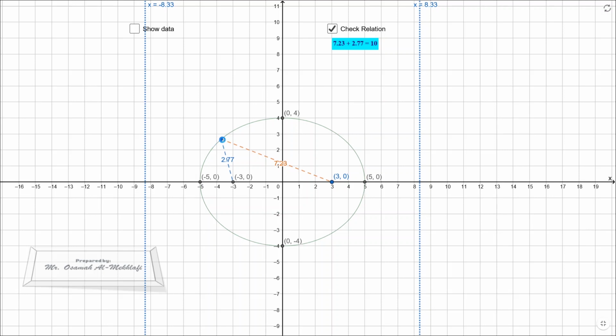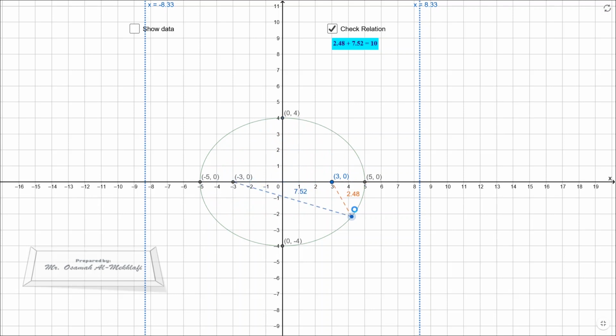Okay, if we move this point to another place, I will have different distances, 3.15 and 6.85. But if I add them, I will still get 10. And if I keep moving it anywhere else, I will always get 10. Look at the answer here of the sum. The sum is always going to be 10.